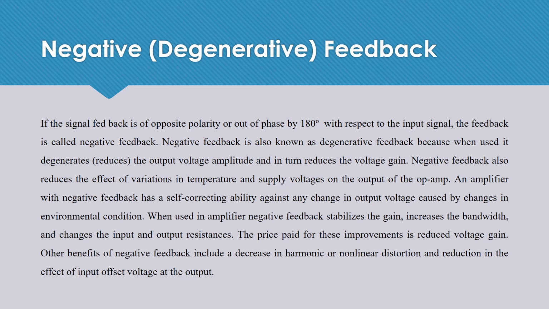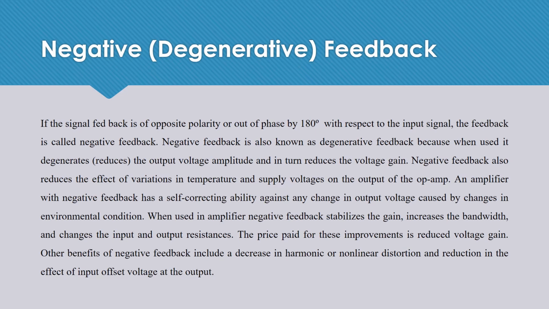Negative feedback is also known as degenerative feedback. When used, it degenerates or reduces the output voltage amplitude and in turn reduces the voltage gain. The negative feedback also reduces the effect of variations in temperature and supply voltages on the output of the op amp.